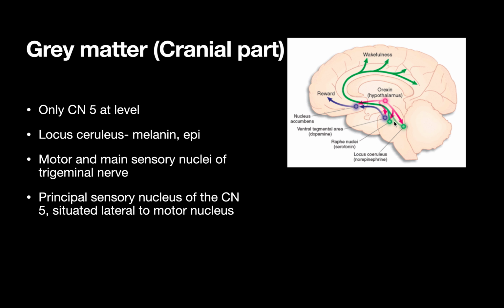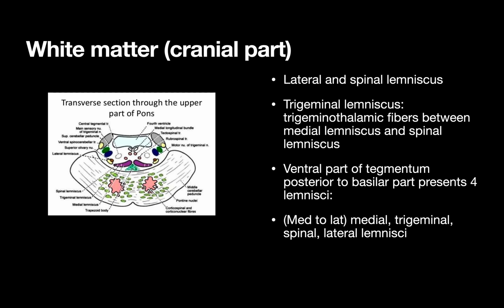The ventral tegmental area is going to make dopamine, and the nucleus accumbens integrates everything together. So the gray matter is going to be made of both parts of the trigeminal nerve, and the principal sensory nucleus of cranial nerve number 5 is going to be, once again, lateral to the motor nucleus.